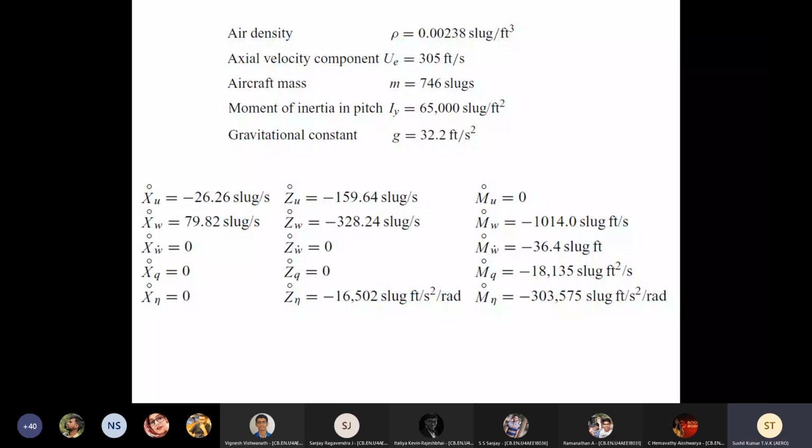So this data is given. All you have to do now is fit it into this set of equations. Then if I'm looking at theta for elevator deflection, I just use Cramer's rule and get this.